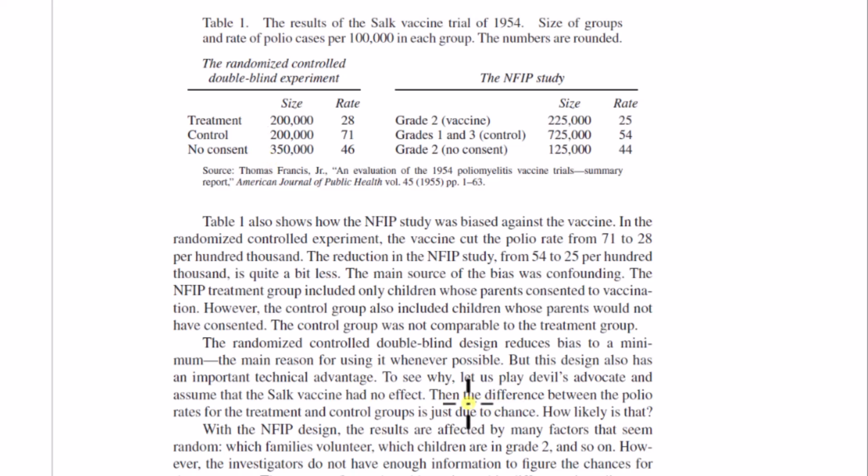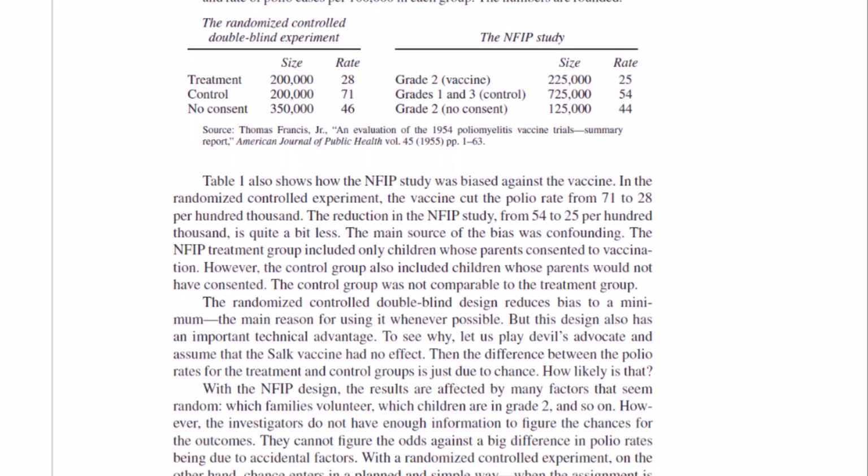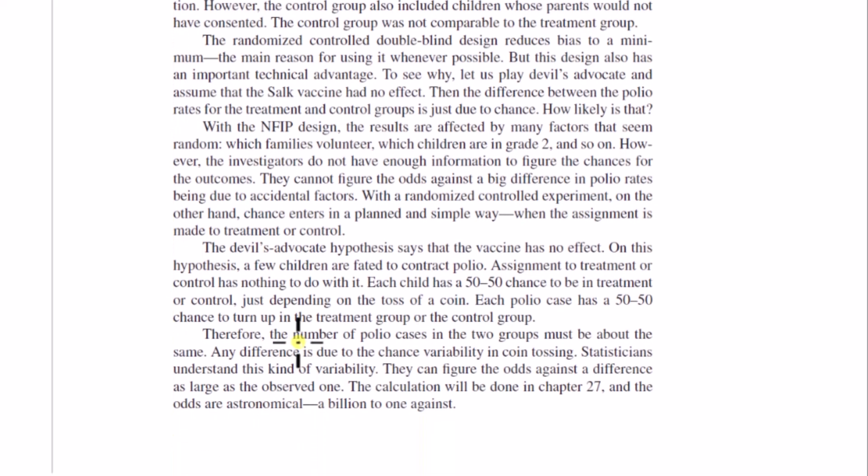Well, in that case, the difference between the polio rates for the treatment and control groups is just due to chance. How likely is that? Right? So if we said that the vaccine had no effect, we're saying that this difference here is just due to random chance. That's what we're saying. So if the vaccine had no effect, then the number of polio cases in the two groups should be about the same.